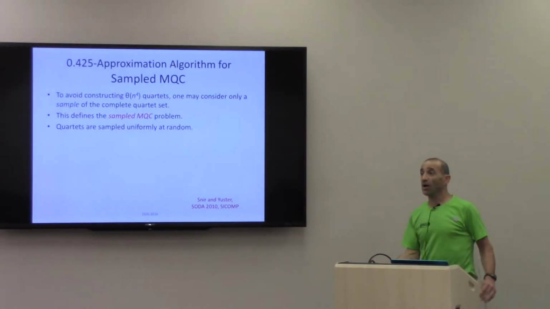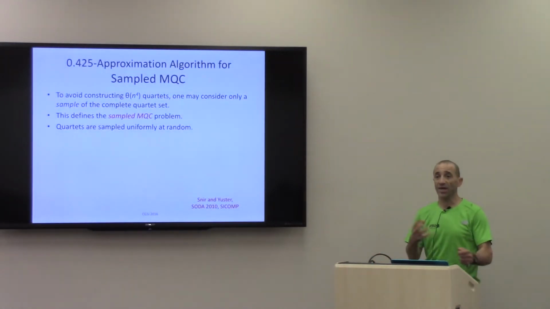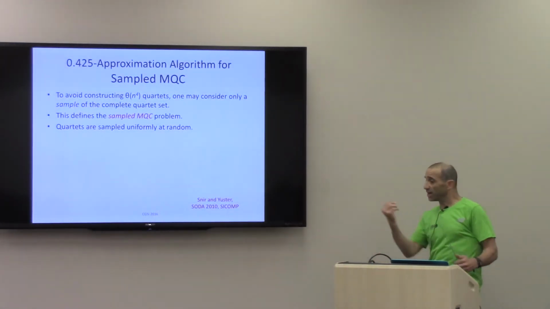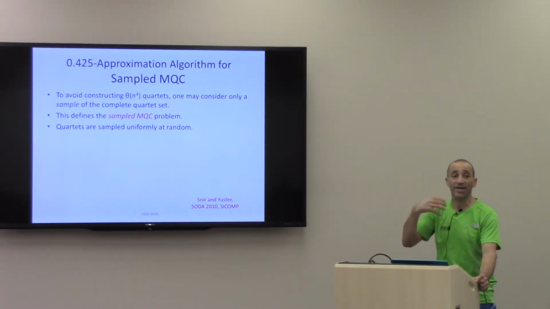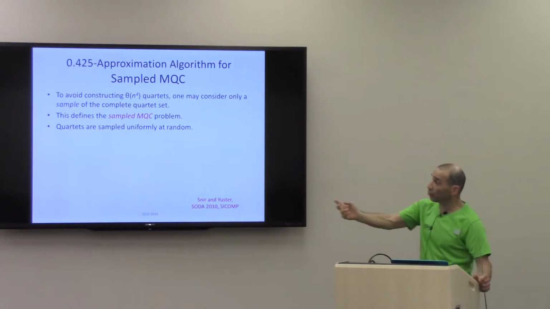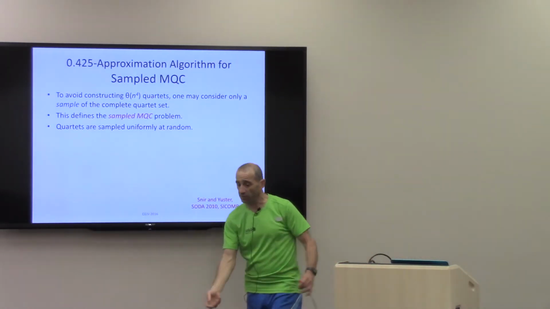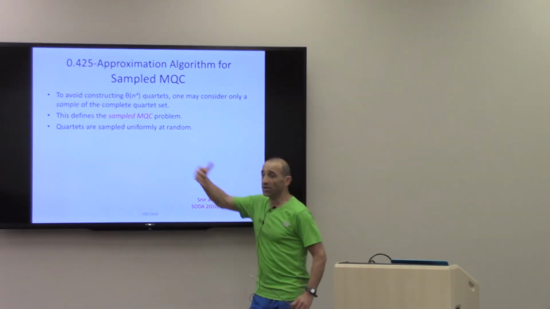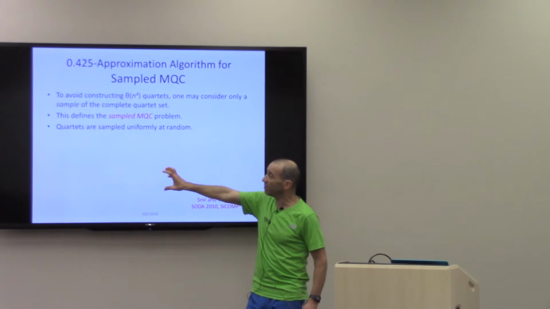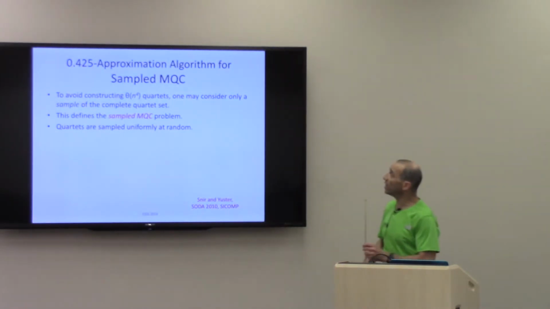So we just pick 4 guys, and we have an oracle telling us what their topology is. You pick 4 guys from the urn, and you ask your oracle, hey, give me their topology.